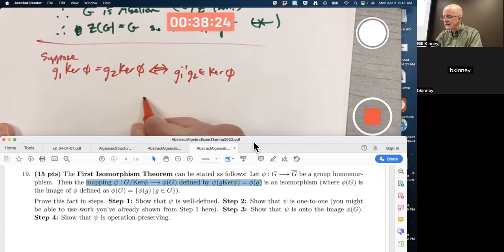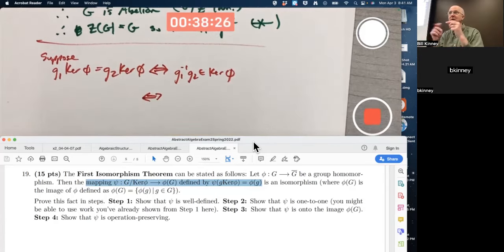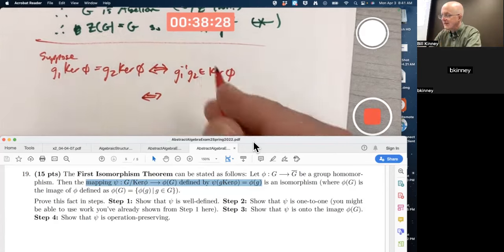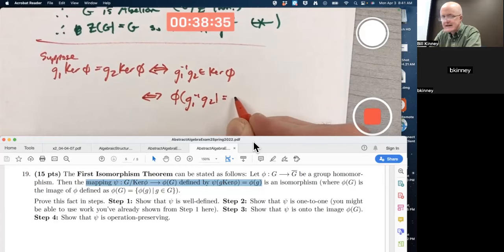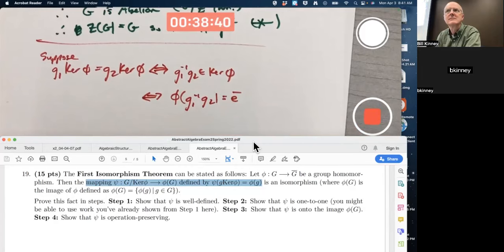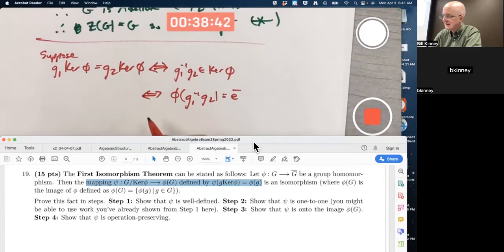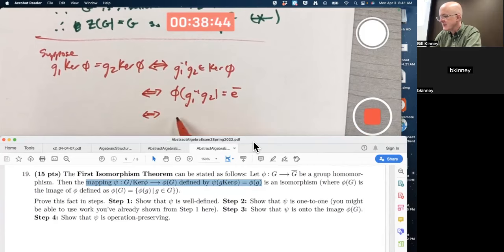But what does that mean? That's equivalent. I'm doing double arrows for a reason here. That's equivalent to saying phi of G1 inverse G2 is the identity in G bar, call it E bar. But by the fact that phi is a homomorphism, so it's operation preserving, that's equivalent to this. I did essentially two steps there at once. That's okay here.